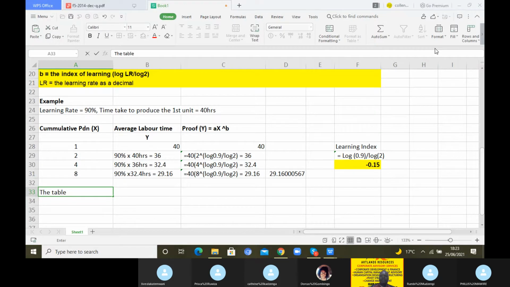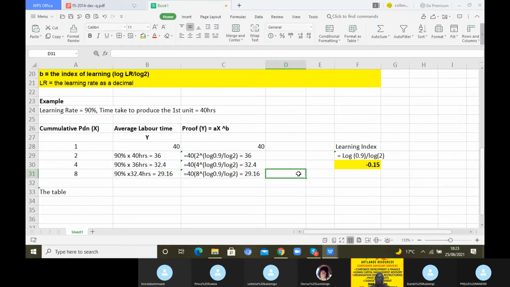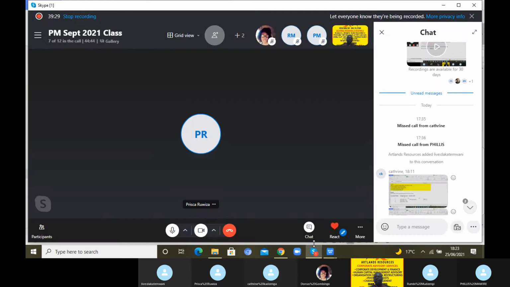So tell me, who is learning faster, the one who is learning at 60% or the one who is learning at 90%? Can you type in the chat? Remember, I said 90% means you are going to spend 90% of the previous time.